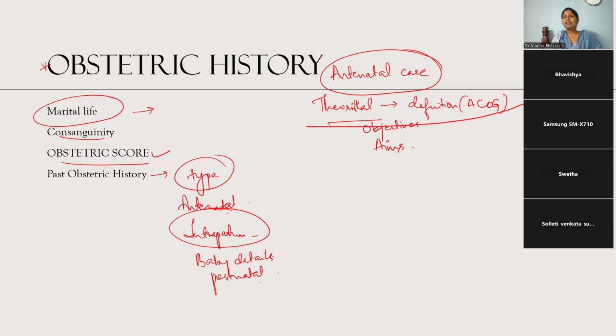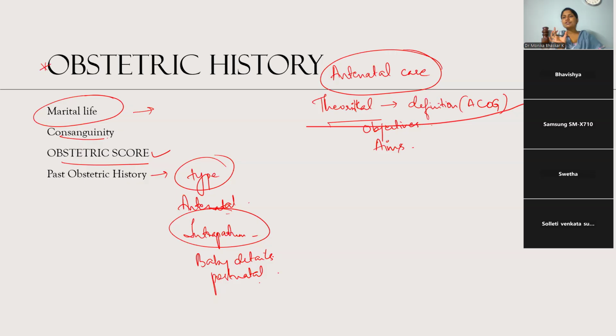So you might consider giving her an elective repeat cesarean section or a TOLAC, based on other maternal characteristics. So all these are important, and that is why I am highlighting that the management of the present pregnancy is always dependent on the previous pregnancy. So one take home point for today is to always mention the past obstetric history in detail.